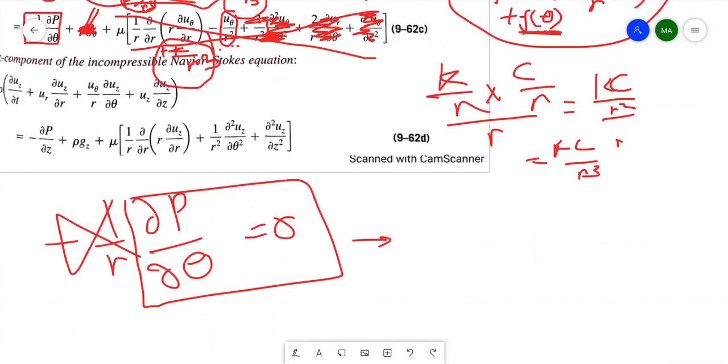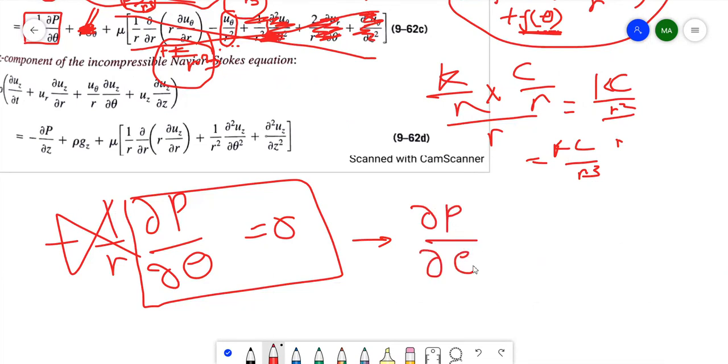So partial p by partial theta, which is equal to 0, is equal to a function prime of theta.